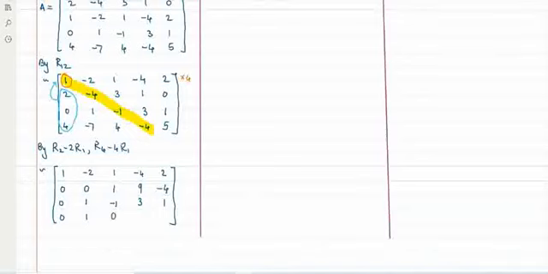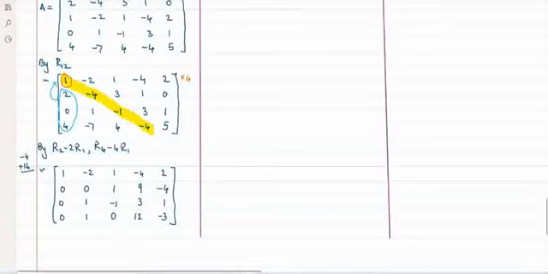Correct. Zero. 0, 4 minus 16, this is minus 12, plus 12. 12, 12. 5 minus 8, minus 3. Yeah. Again, this is your diagonal entry.